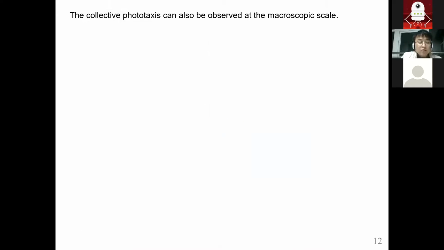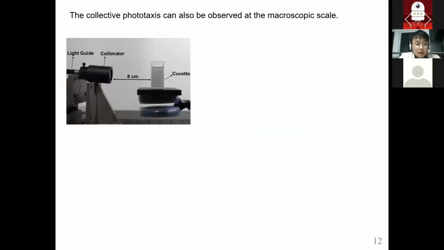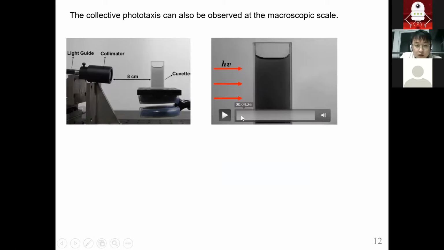Okay, the collective phototaxis can also be observed at the microscopic scale, as can be seen from the movies.